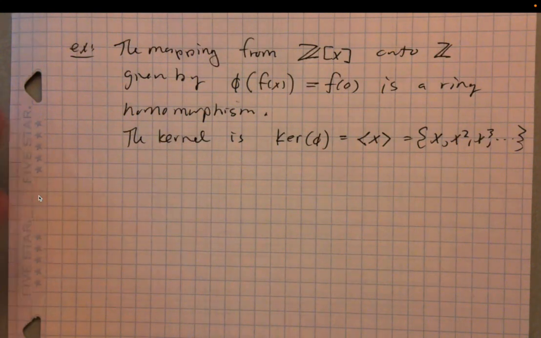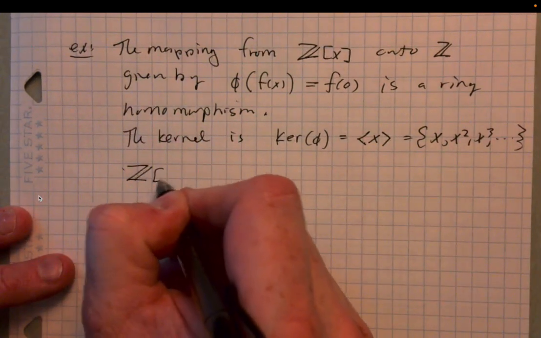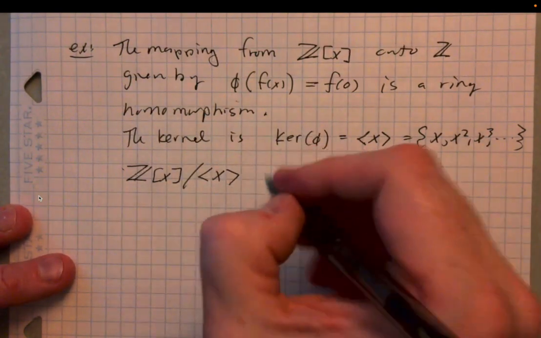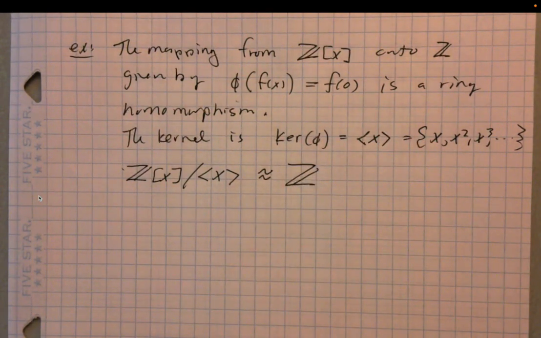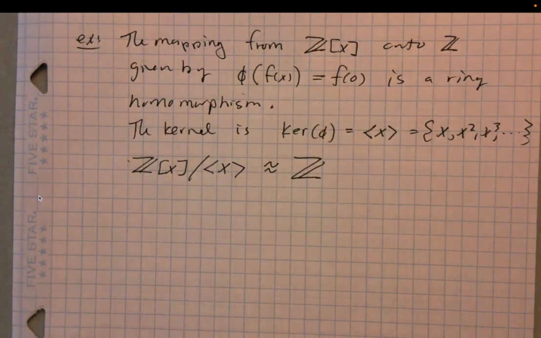Okay, and then by the previous theorem we just discussed, what we would say is that the ring of integer polynomials mod the kernel here is isomorphic to the integers. Now we actually know that Z is not merely a ring, but it's actually an integral domain. But notice it's not a field. It does not have multiplicative inverses.